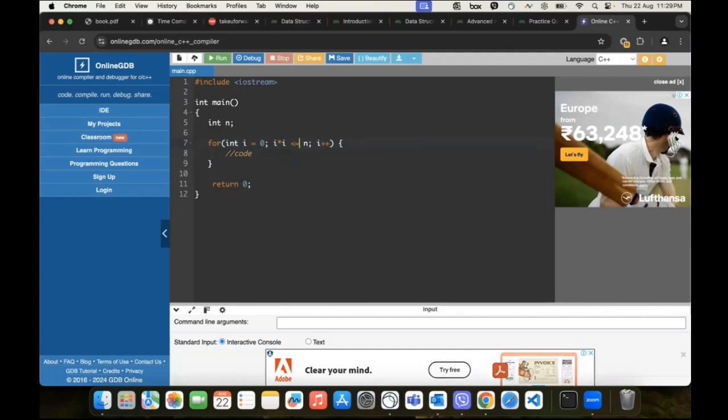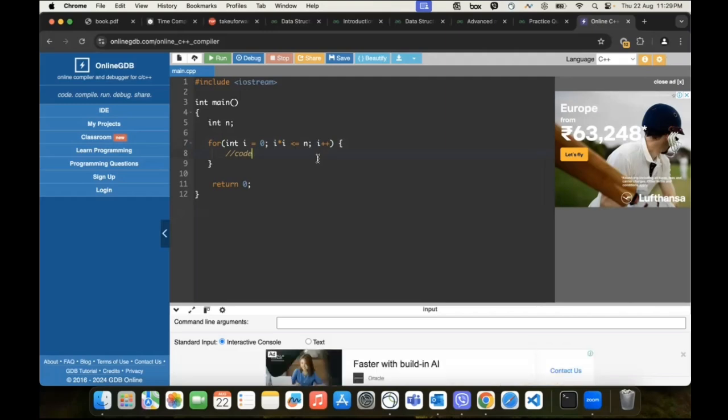Did you understand? But what if we don't have to use that square root function? We use i into i is less than or equal to n, which is similar to i is less than square root n. The increment is only i equals i plus 1.